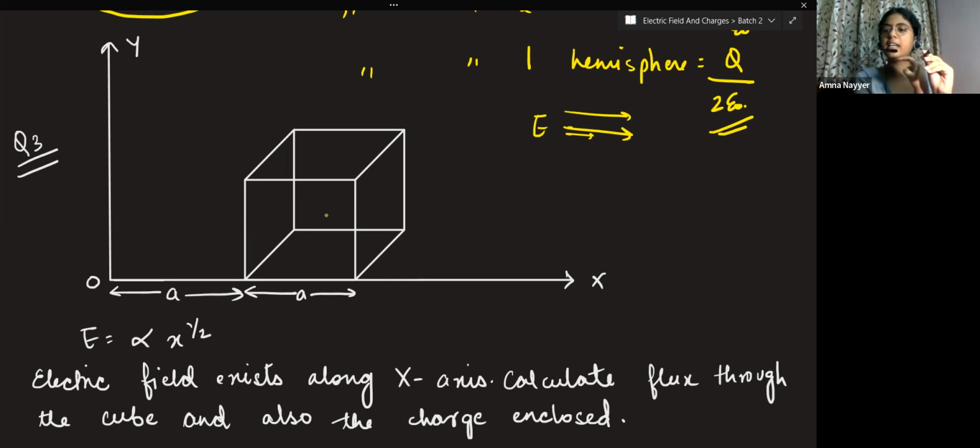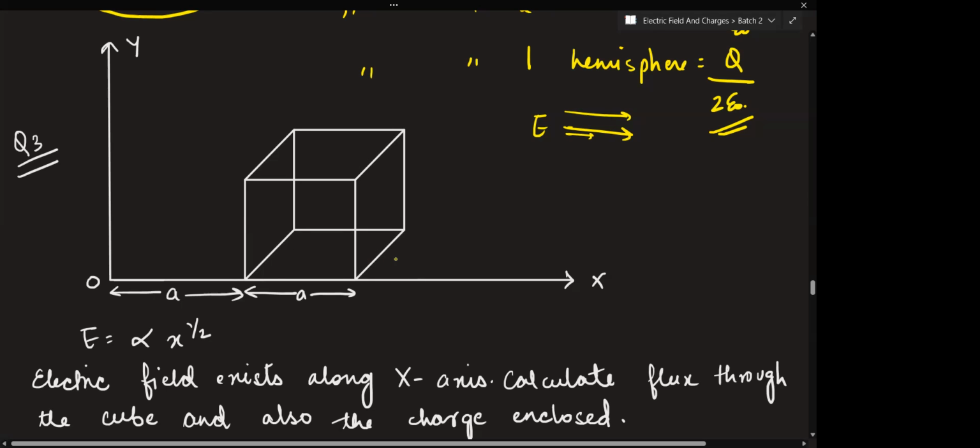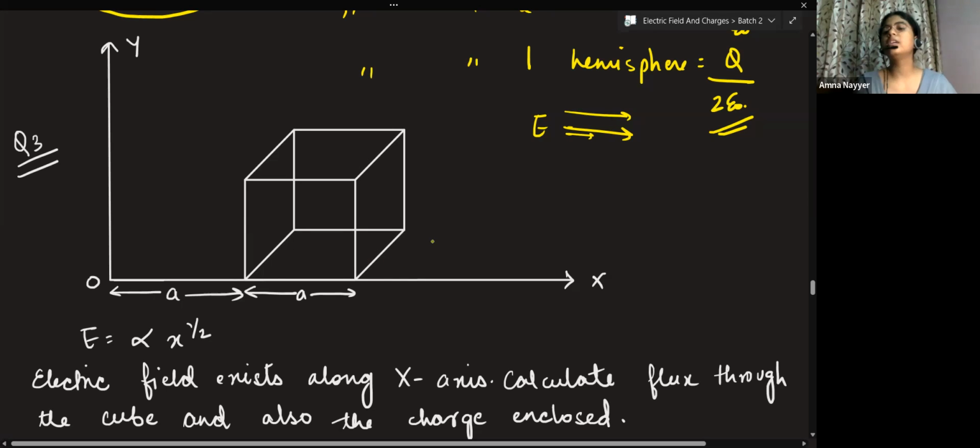The electric field is directed along the x-axis. What is the angle between the area vector and the electric field? 90 degrees, and cos 90 is 0. So the flux because of the front surface is 0.